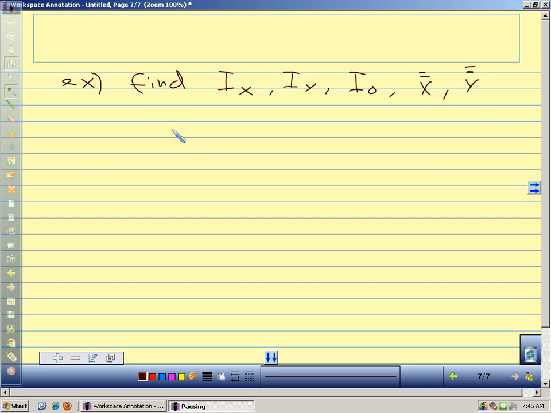And our region is bounded by y equals x squared, y squared equals x, and our density function is x squared plus y squared. So we're just setting up our integrals here. We're not going to evaluate them.